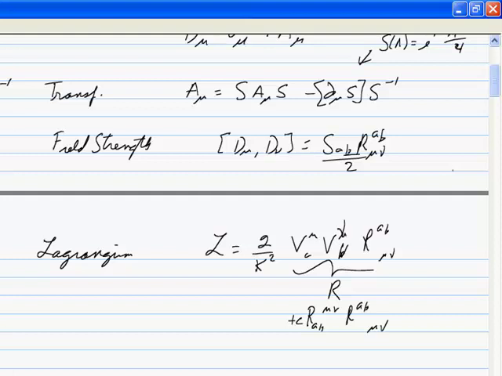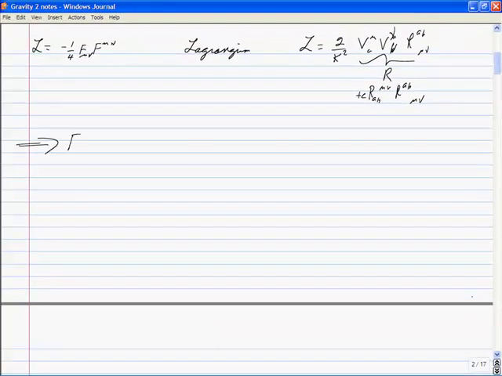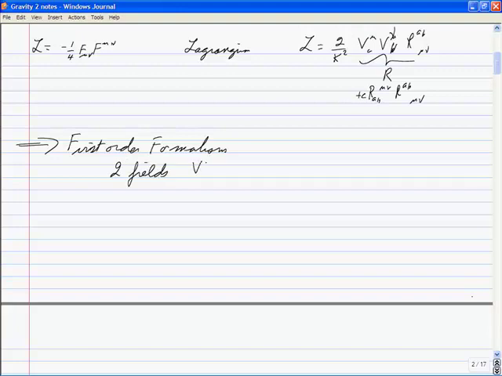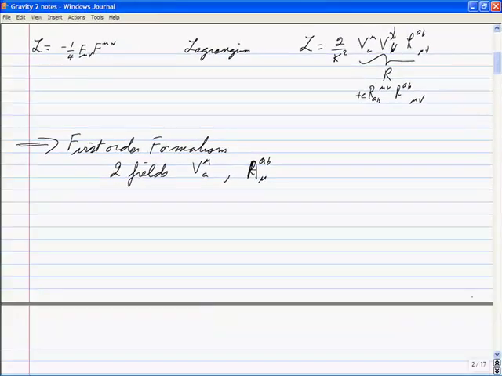Okay. So what I just described for you is what would be called a first order formalism. Okay. And what that means is that there are two fields, V and A. Those are our two fields, and they get connected by the equations of motion.